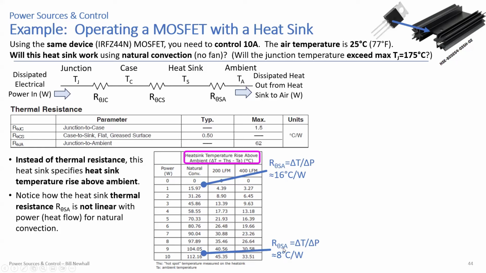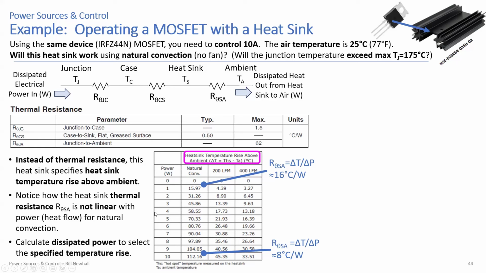It changes. So that's probably why this manufacturer gives this kind of table instead of a range of resistance values based on power input, because that wouldn't make sense. Ohm's law is linear. This is not a linear relationship. So you're going to calculate the dissipated power to select the specific temperature rise.